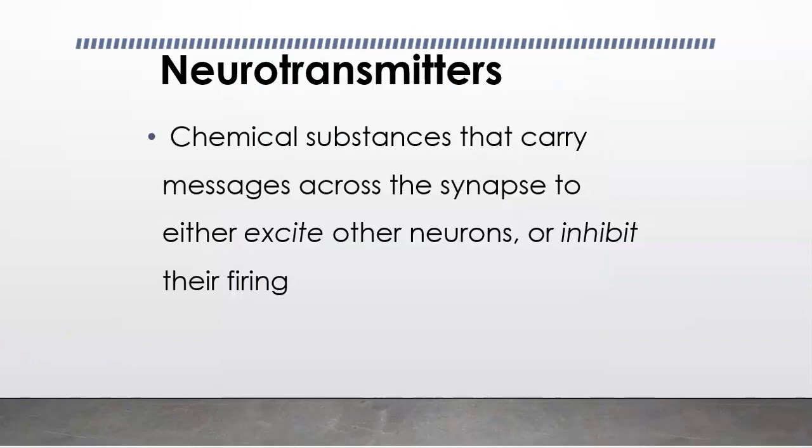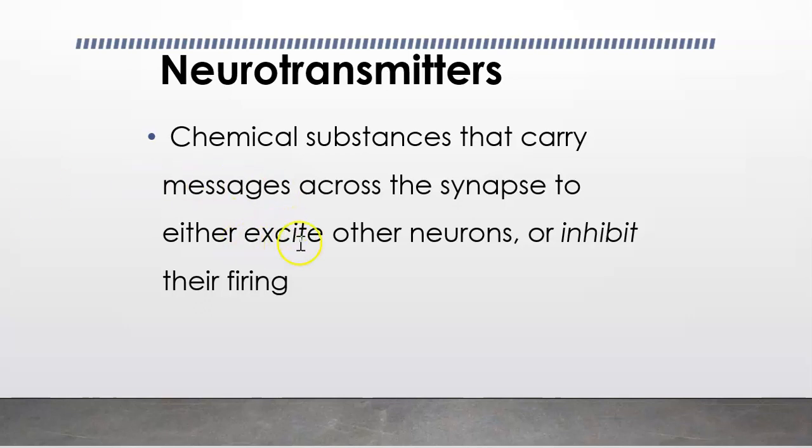So what are neurotransmitters? We're going to talk about some specific neurotransmitters that you're going to want to know, as well as just in general what neurotransmitters do. So neurotransmitters are chemical substances that carry a message across the synapse to either excite or inhibit other neurons.